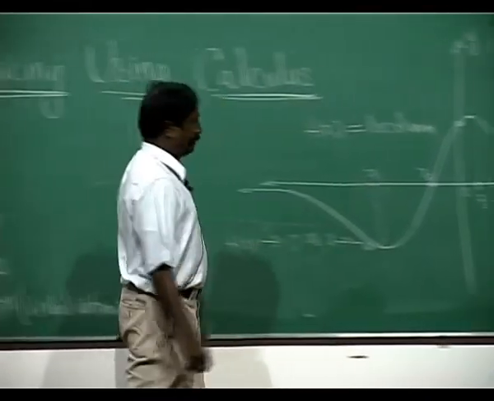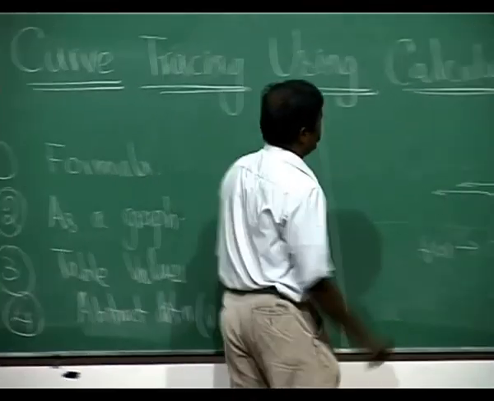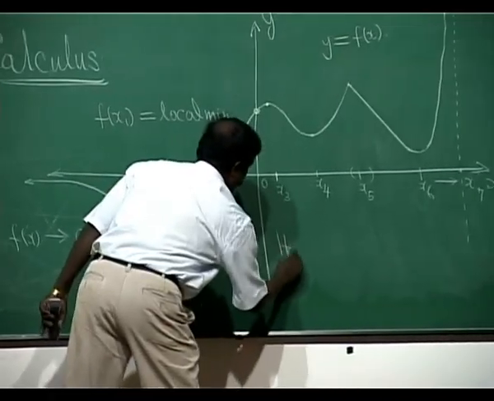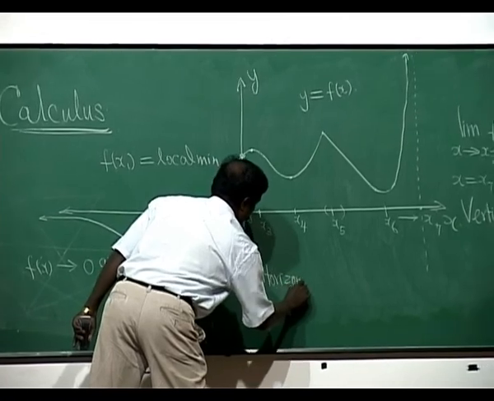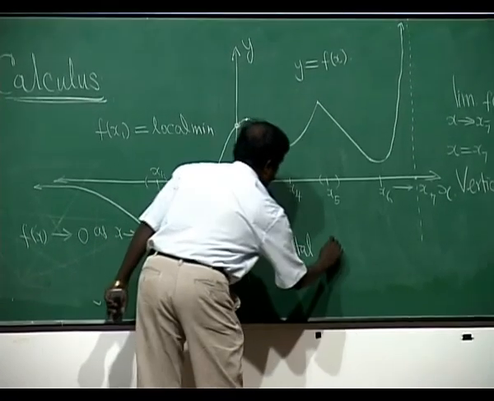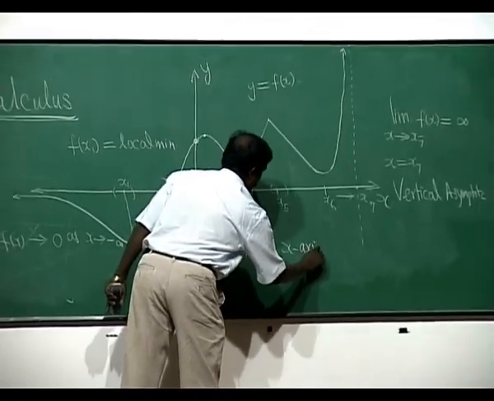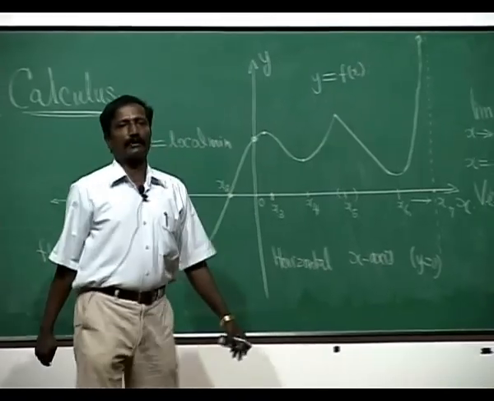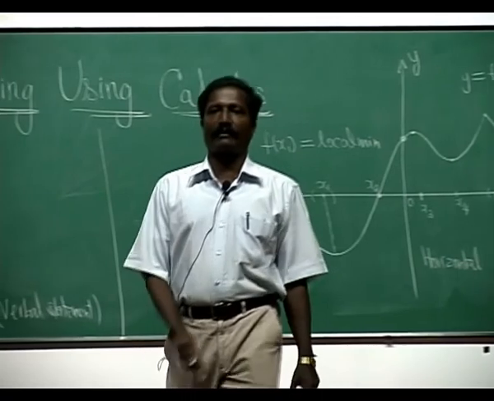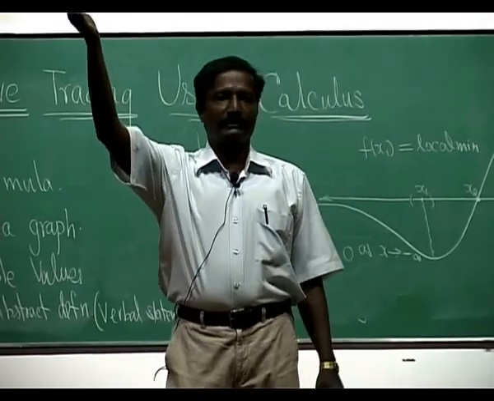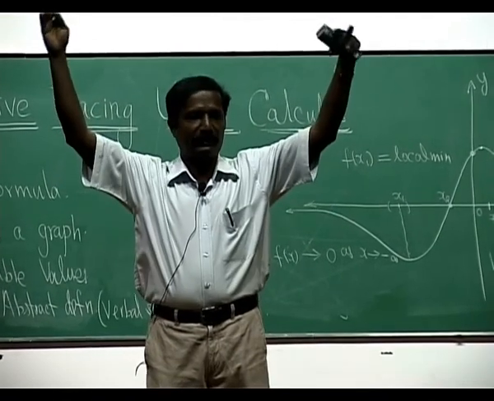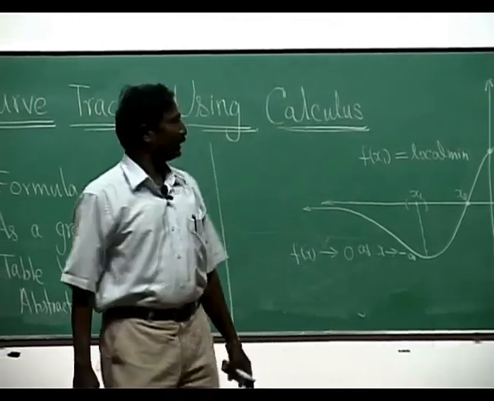The horizontal asymptote is this, the x-axis, which is the same as y equal to 0. Besides this, some functions could also have asymptotes which are slanted lines, or maybe it is approaching a curve. So all these things are possible, right?